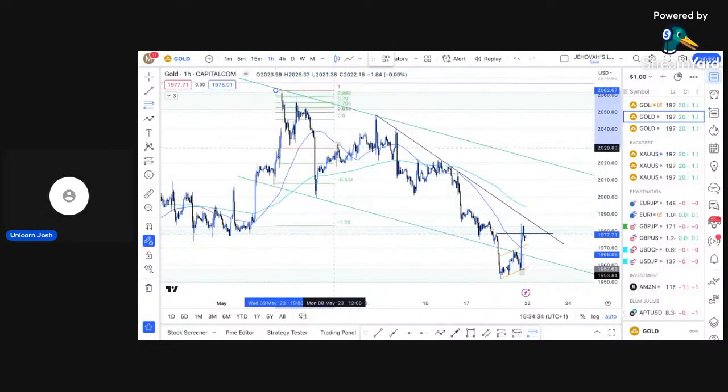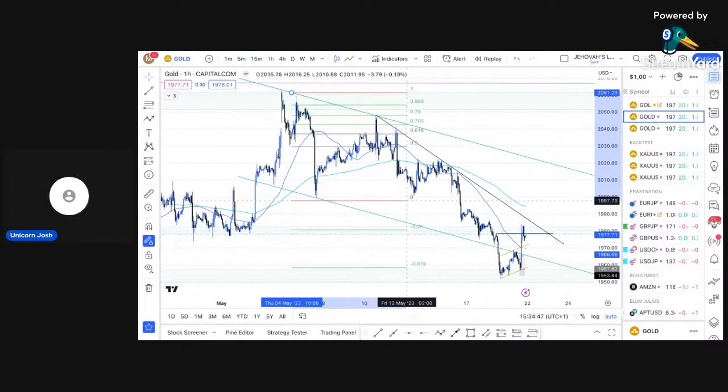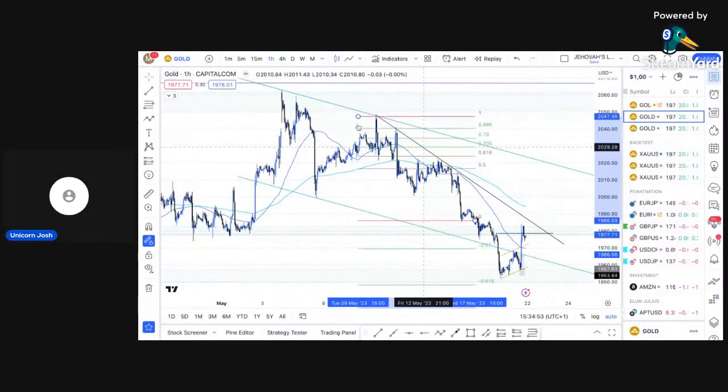Look at the pullbacks. You can see this pullback went all the way to the 88% Fibonacci. This pullback went all the way to 79% Fibonacci.